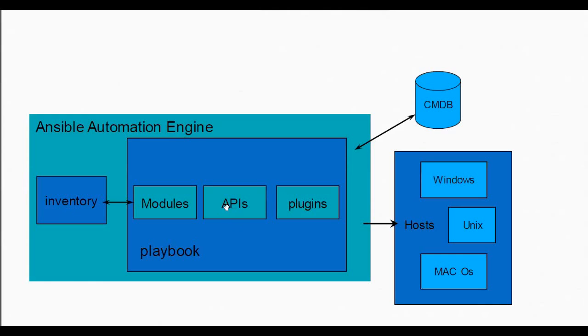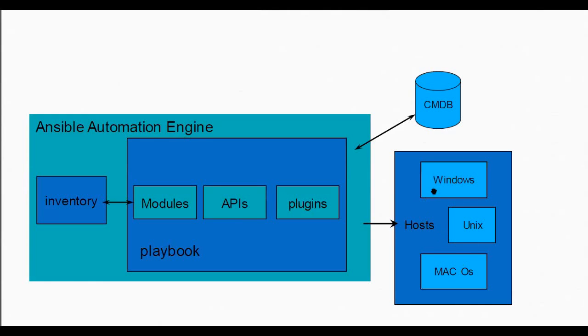Along with that, you see APIs and plugins. APIs are something that you will always make use of internally. You won't be directly making use of APIs on the user side, but Ansible makes use of these APIs and plugins while connecting to the remote applications running on the Windows, Unix, or Mac OS hosts.